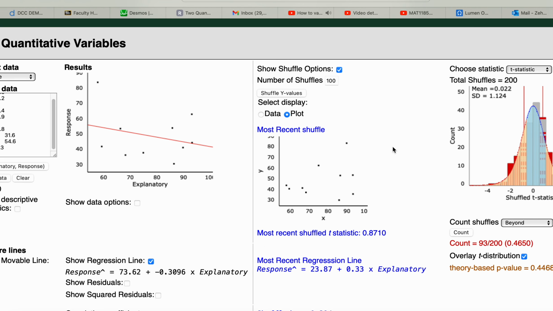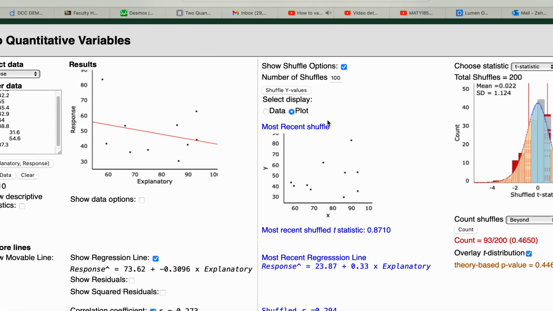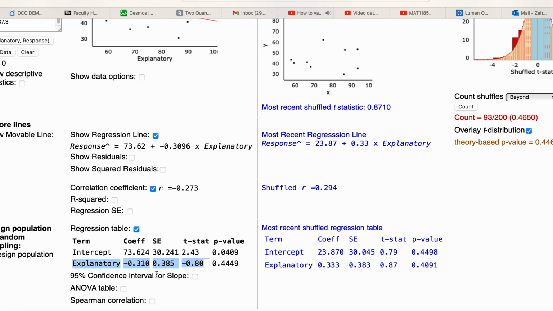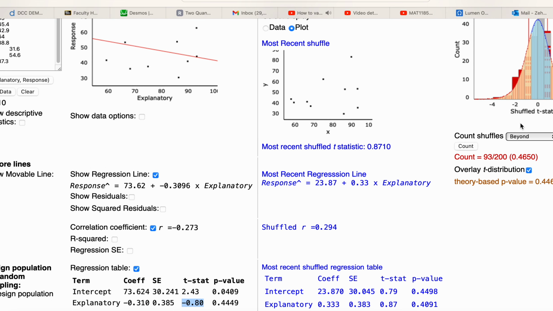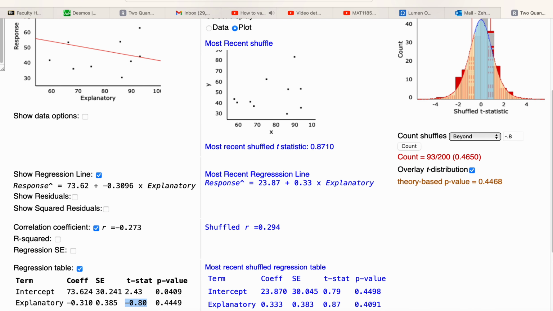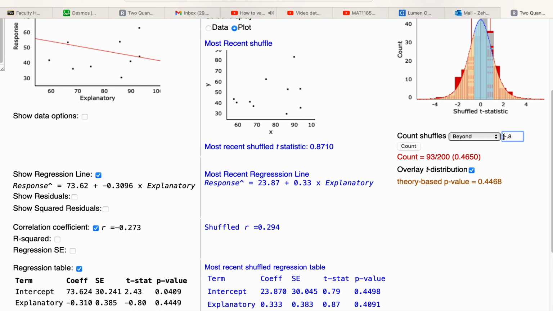Then we come over here, and let's see if I can make this bigger. Come over here, we can do both a theory-based and a simulation-based model. So we can put shuffle 100 times, but then up here, we want to select t statistic because we're using this t statistic to come up with our p-value. All right, then we're going to put that t-value in the box.